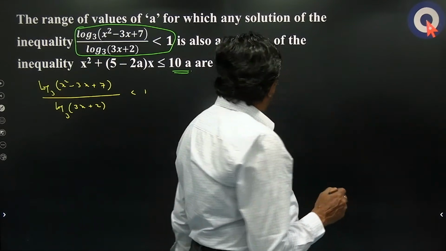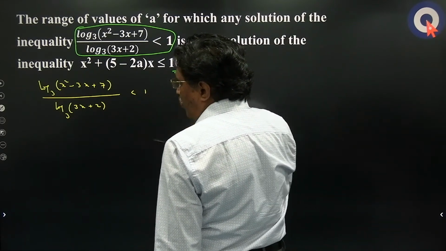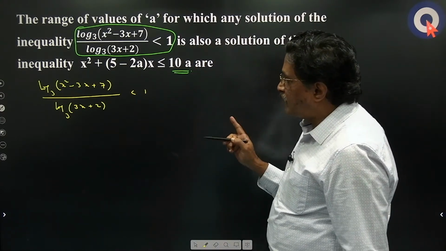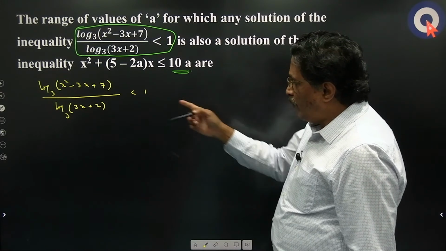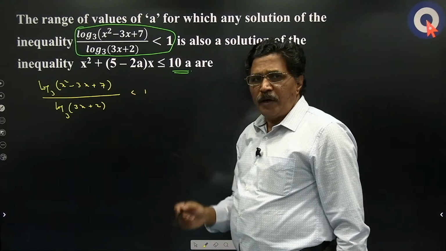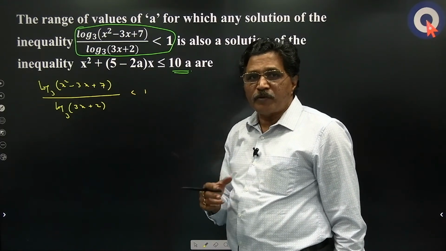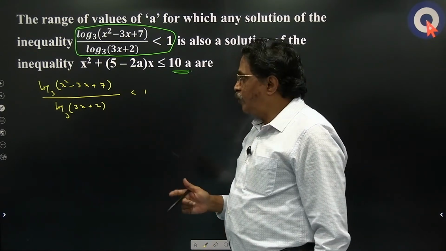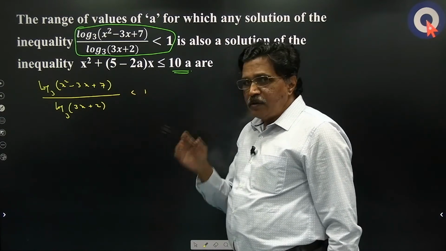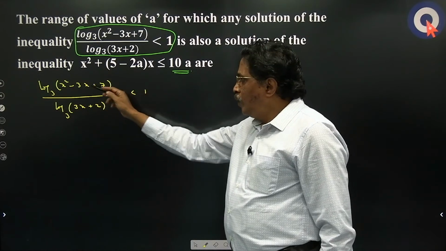For that, you can see x square minus 3x plus 7, we are talking about real valued functions. So therefore, x square minus 3x plus 7 has to be greater than 0. However, it is already true because b square minus 4ac is negative. When delta is less than 0, the sign of the quadratic expression is same as the coefficient of x square for every x belonging to R. So therefore, x square minus 3x plus 7 is positive for all x belongs to R. So there is no worry with regard to this part.